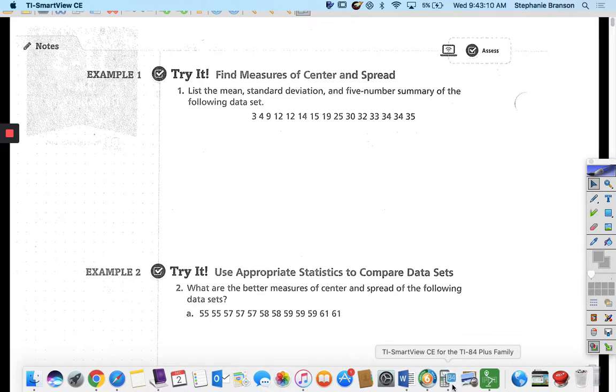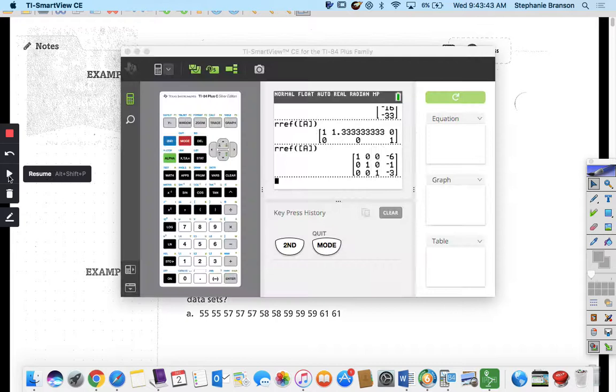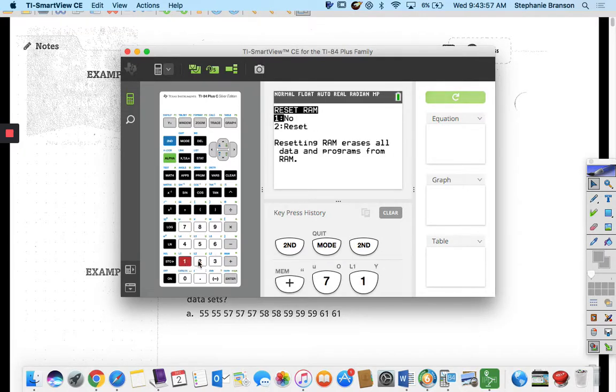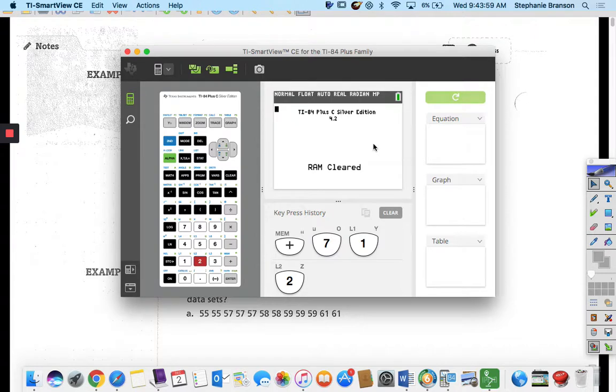All right, I finally got it to pull up, and this is back from several chapters ago. So if you want to go ahead and clear out your calculator, that's second plus 712, and that resets it completely.